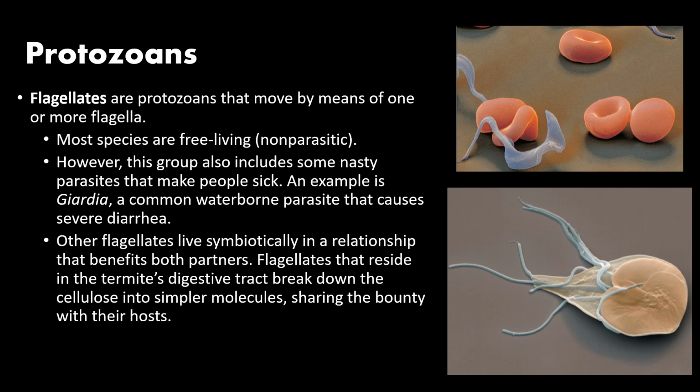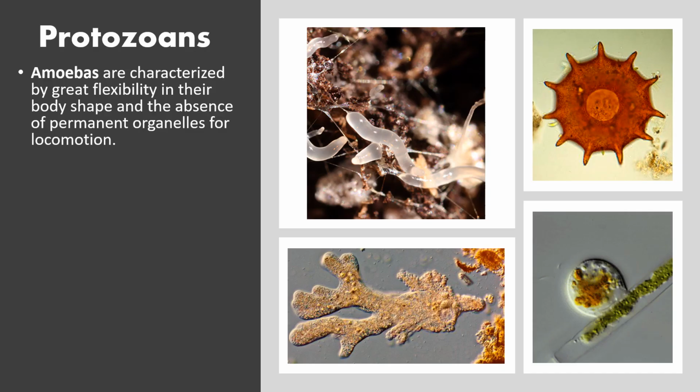And there's a group that lives inside the actual digestive tracts of termites. So termites are really tiny, but there is going to be a protozoan that lives inside the termite that will help break down the cellulose of the wood that they eat into simpler molecules like glucose so that they can actually use them.